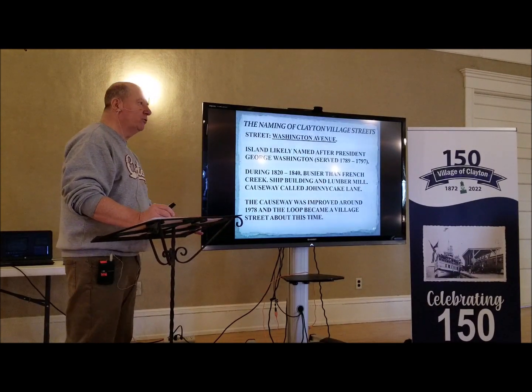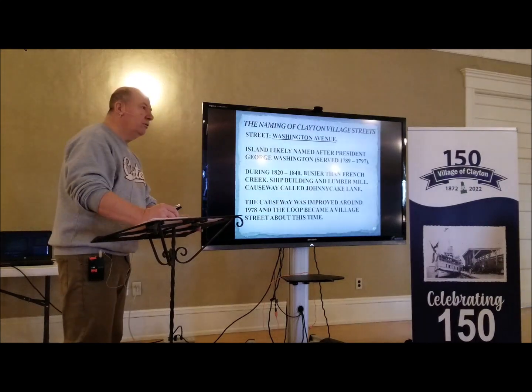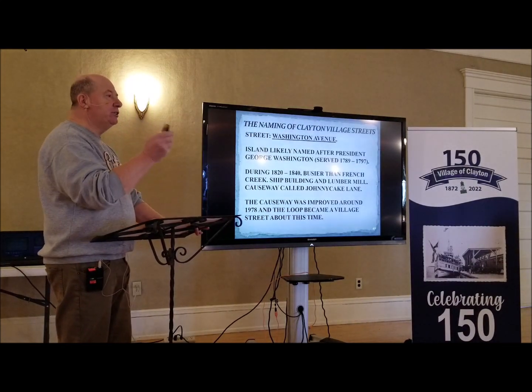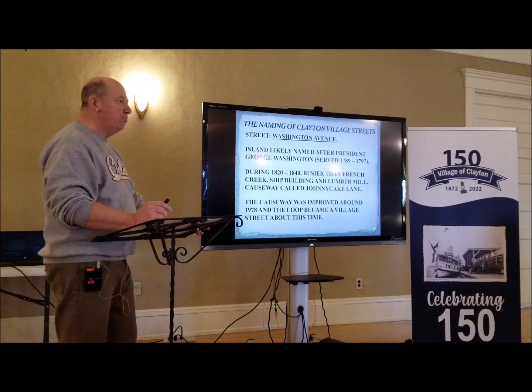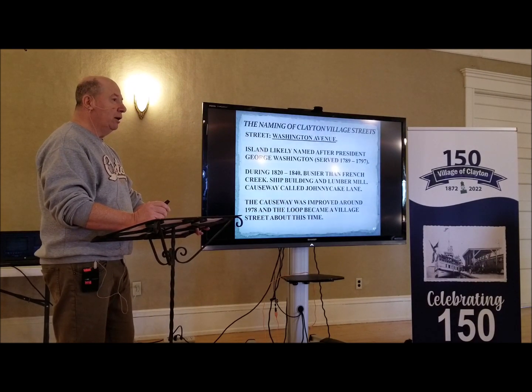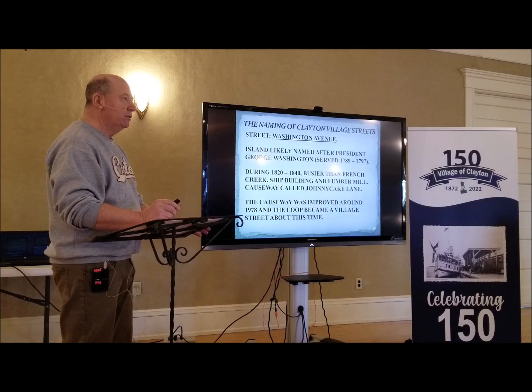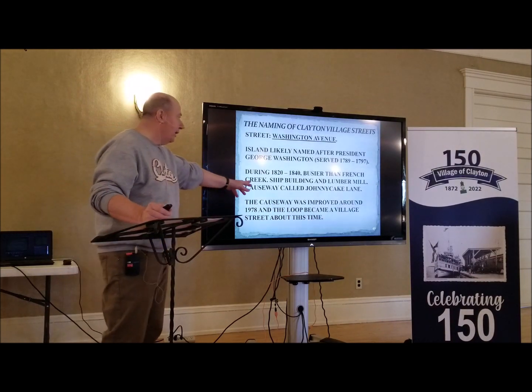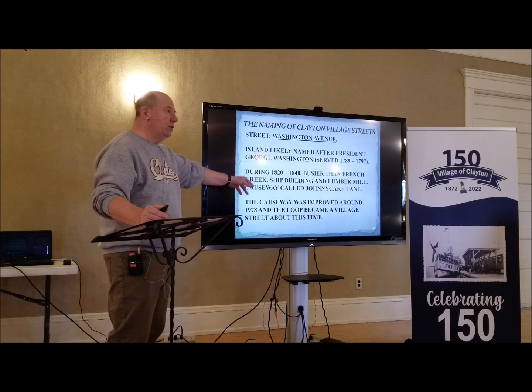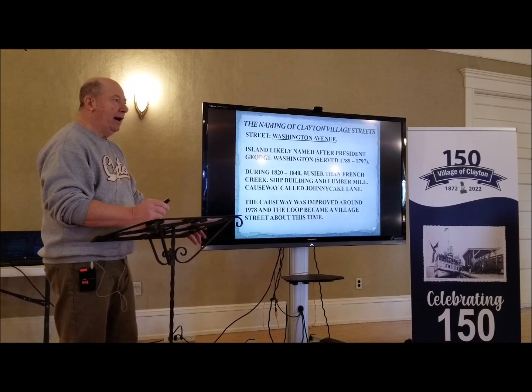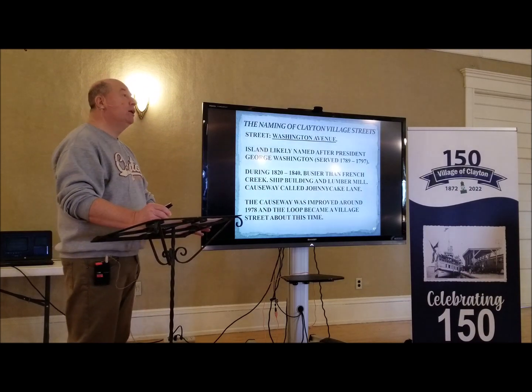That was long before the causeway was built. There have been several causeways, but they didn't last long because they weren't built with a solid foundation. It talks about Johnny Cake Lane as being the causeway, but how sturdy it was, I do not know.